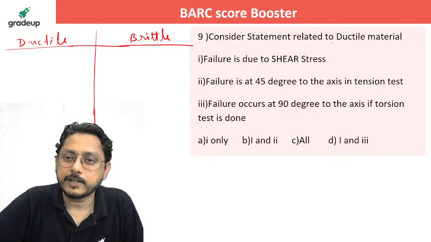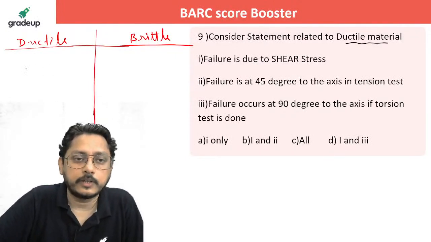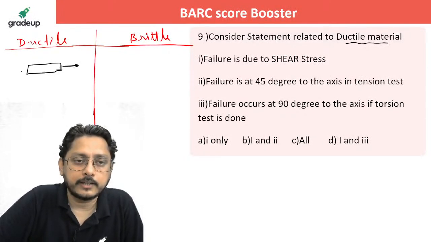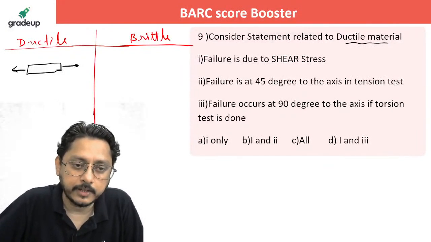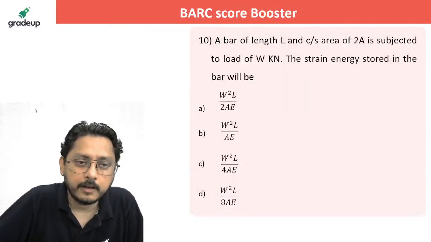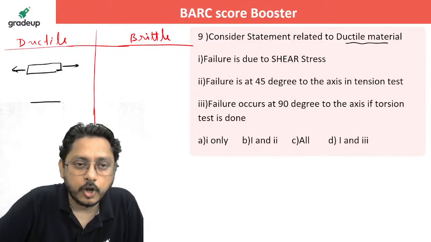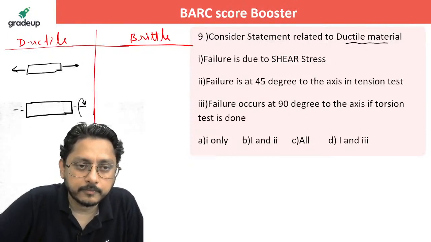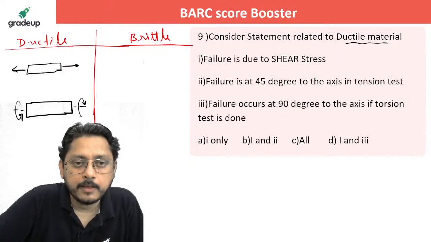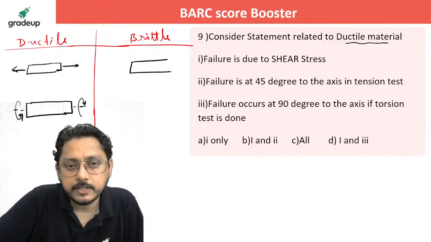For the ductile material, in a tensile test, one knows directly that under tension the ductile material fails at 45 degrees, isn't it? Then under torsion, the ductile material fails, and then how the brittle fails under tension and under torsion.